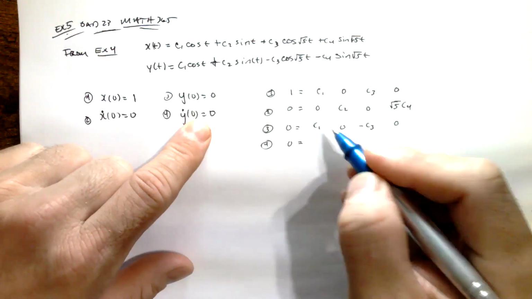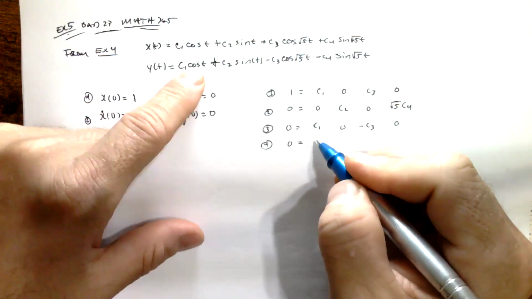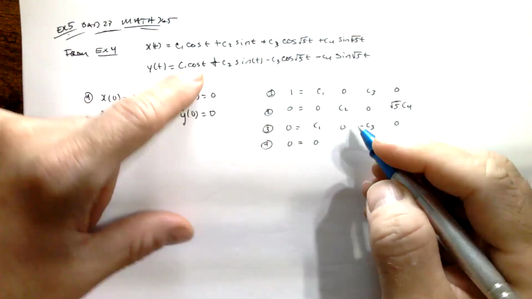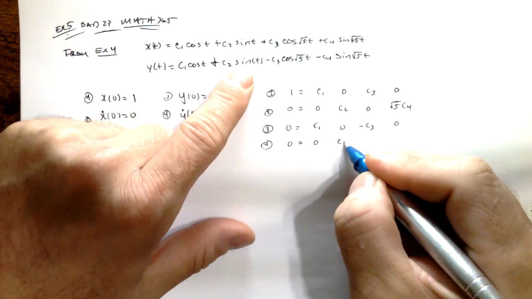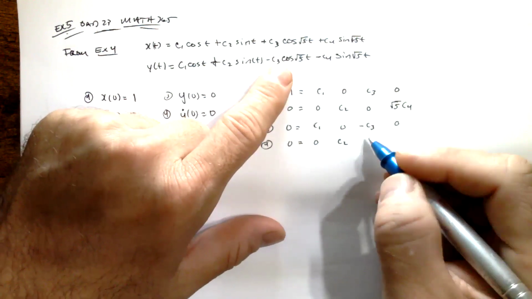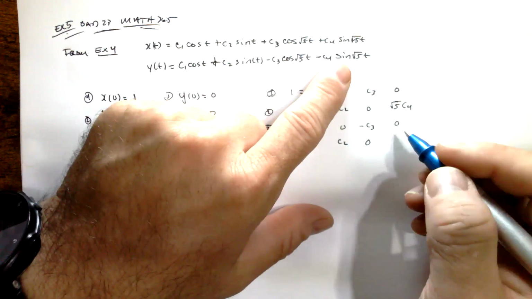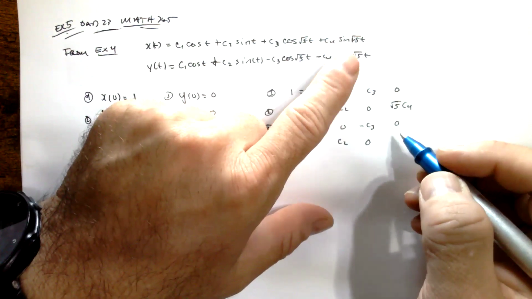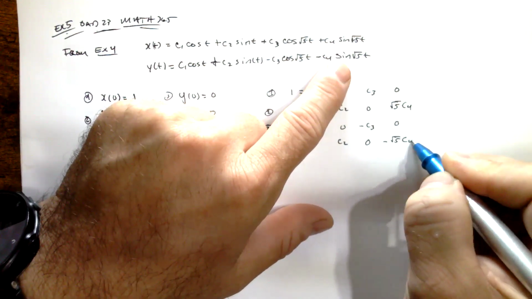The derivative of cosine is a negative sine, so that's 0. The derivative of sine is cosine, so that gives us C2. The derivative of cosine is sine, which gives a 0 for C3. And the derivative of sine is a cosine, so we get a negative square root of 5 times C4.